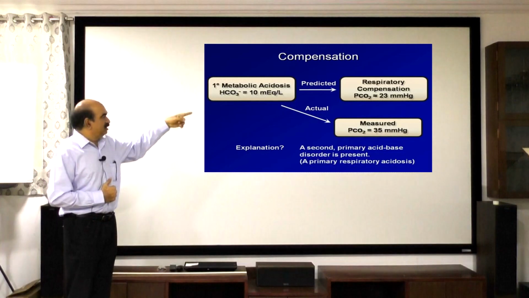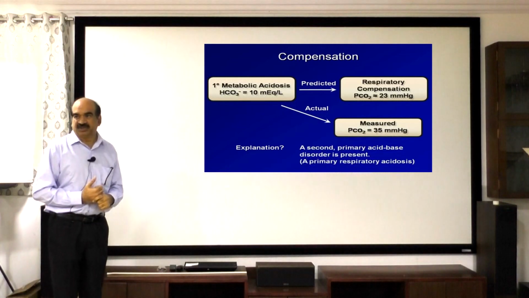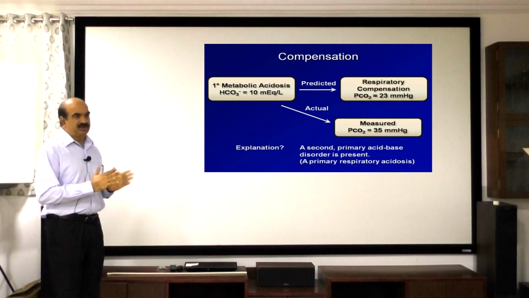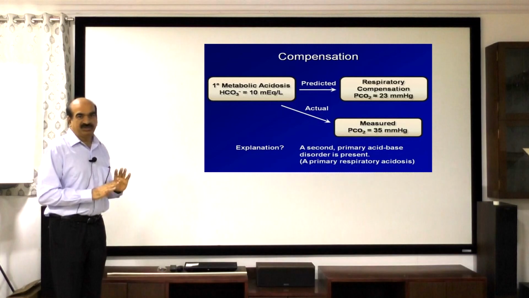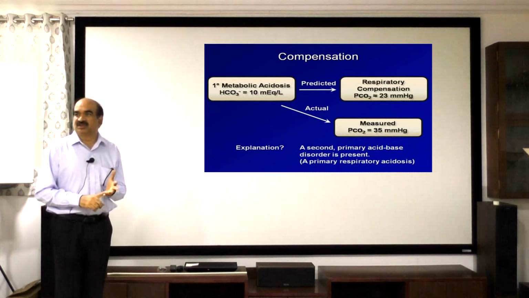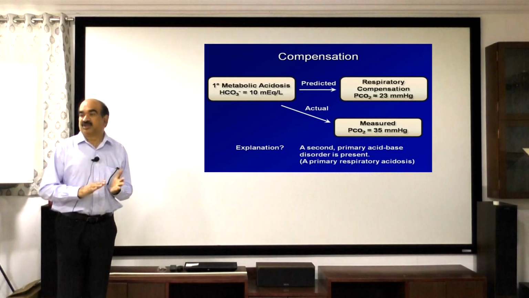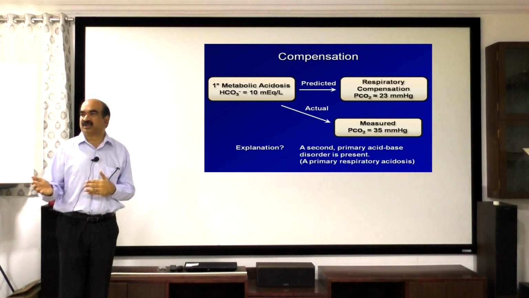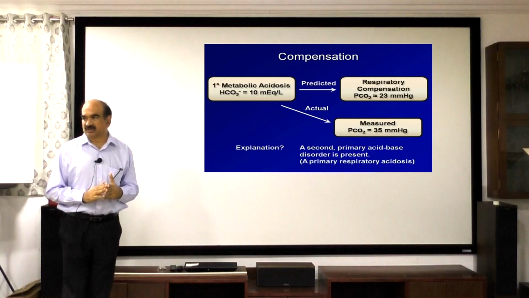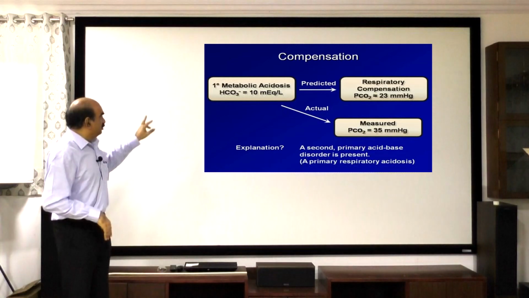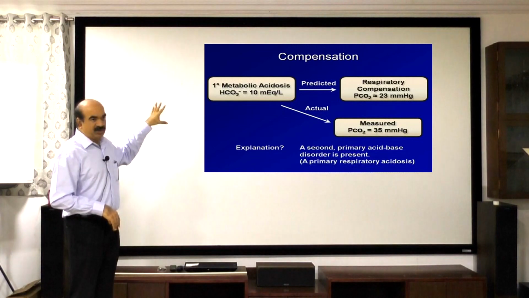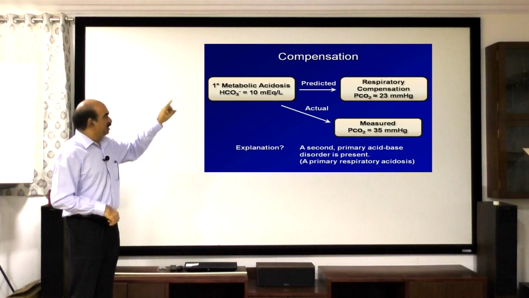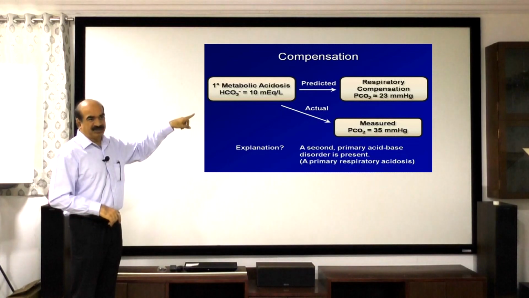With Winter's formula, respiratory compensation is 23, but within plus or minus 2, we can use the simple equation. The easiest way to remember is that for both metabolic acidosis and metabolic alkalosis, the formula for respiratory compensation is add 15 to bicarb. So in a pure case of metabolic acidosis, we expect CO2 of 23.